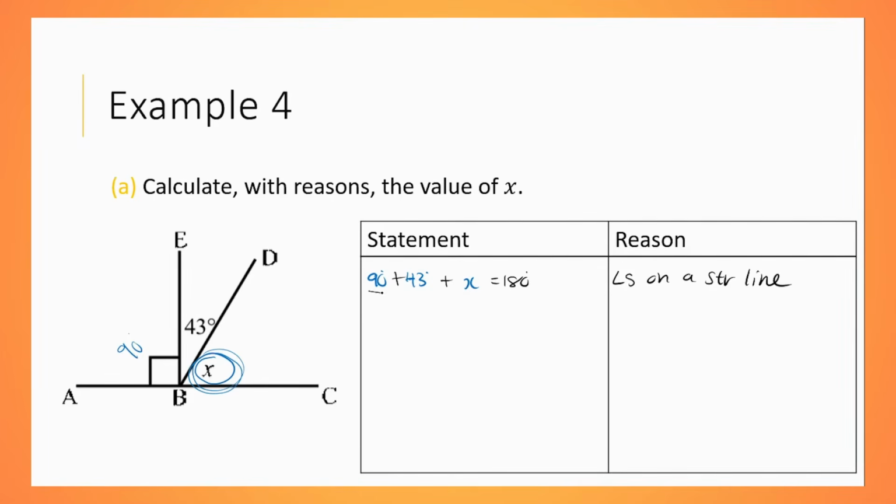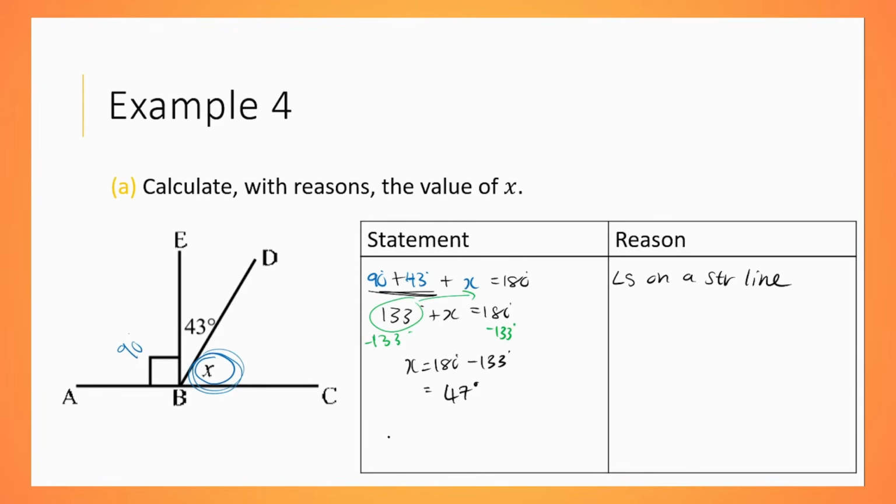Then you do your normal solving for x. So when we add those together, we get 133. And then to get the 133 to the other side, because we want the answer for just x, we minus the 133. So x is 180 minus 133, which gives you 47 degrees.